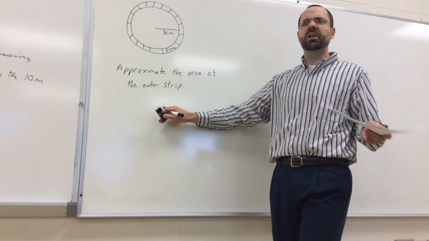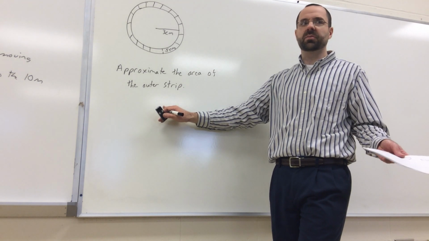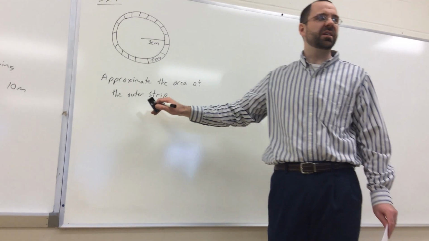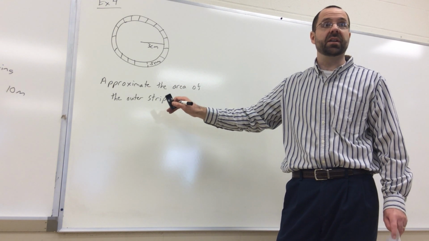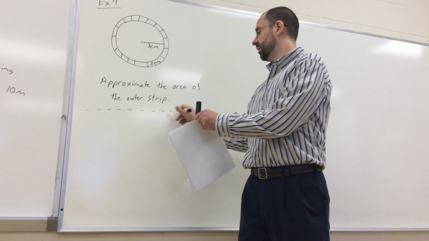So obviously we could find the exact area, how we talked about, but I want to look at it in kind of a strange way and approximate the area instead, because that'll help you on one of the 7.1a homework problems.